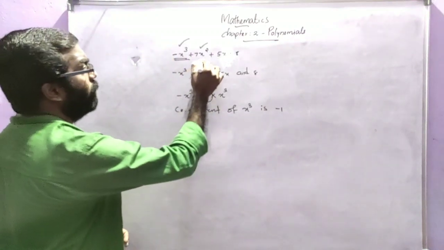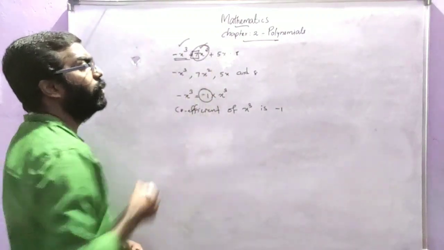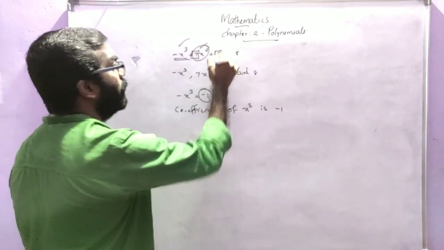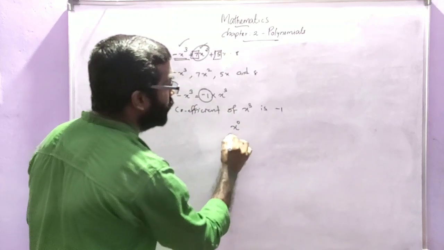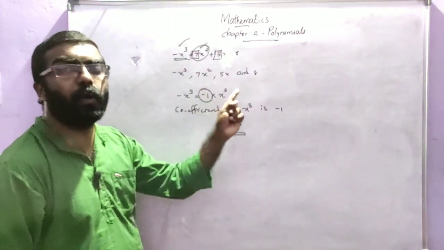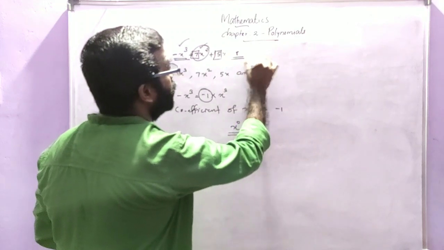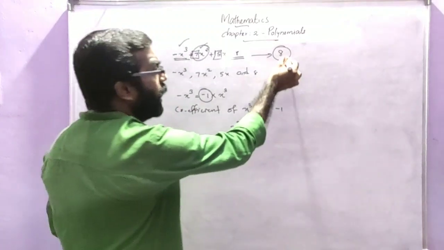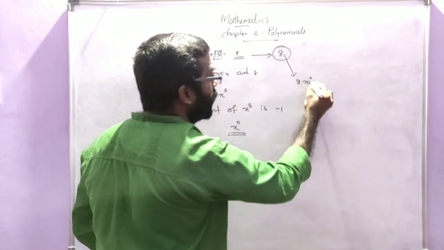So in the second term, what is the coefficient of x square? It is 7. Okay, coefficient of x square is 7, and here the coefficient of x is what? 5. And what is the coefficient of x raised to 0? In this polynomial the constant term is 8, and this 8 can be rewritten as 8x raised to 0.